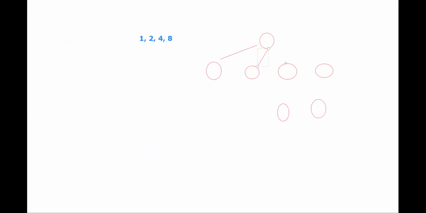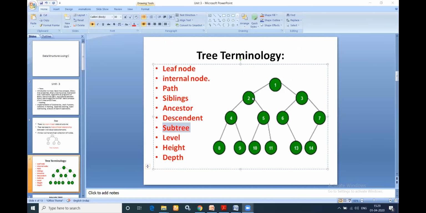So for this tree, we have what? The root node consists of how many child elements? 1, 2, 3, 4. So 4 children are there for this particular node. Okay, so in our example here, I have taken this example as what? It consists of only 2 nodes. One is 2 and the other is 3.